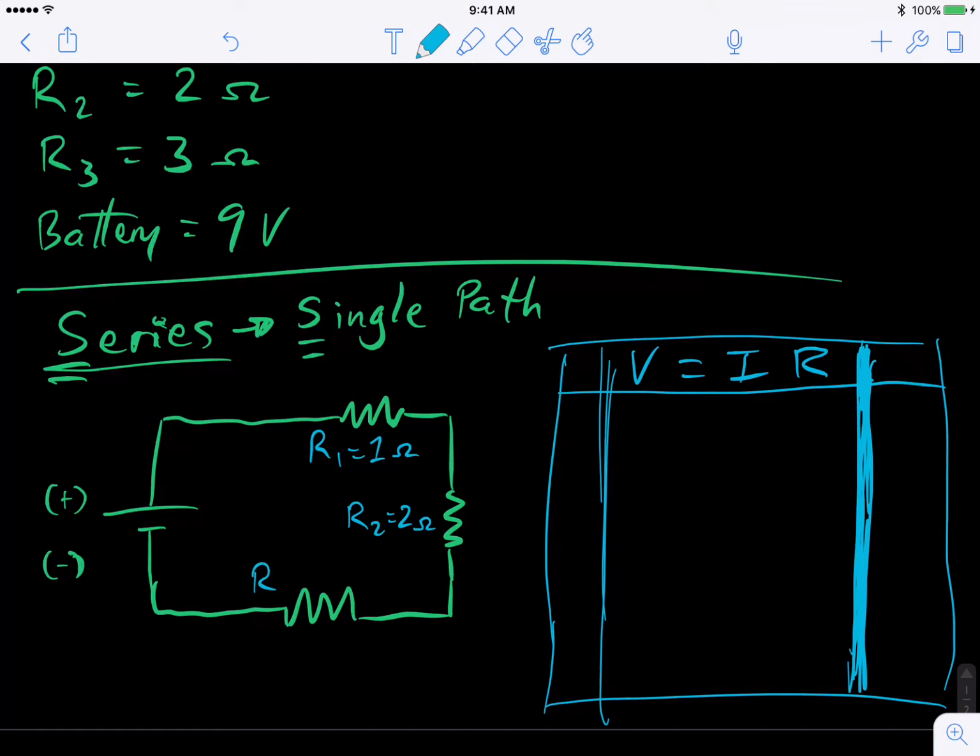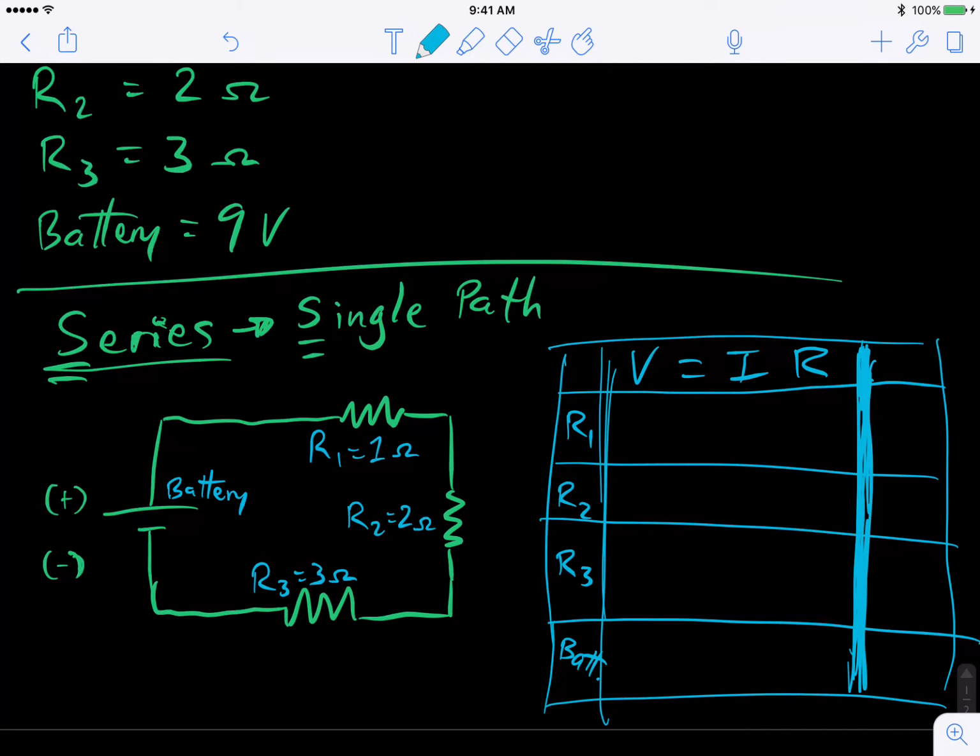And then we'll have resistor 3, R3, and that's 3 ohms. And so let's make a row for each of those, and then we'll make a row for the battery. All right, so here we go. R1, R2, R3, and then battery, I'm just going to write BATT because I don't have the space for the whole word battery.